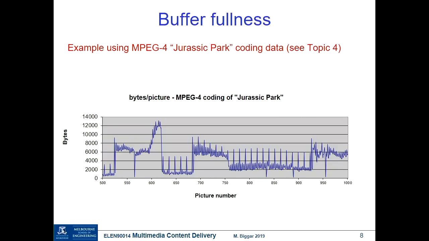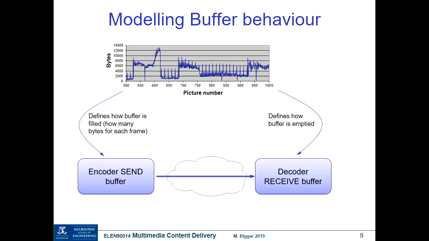Okay. So let's just look at an example of that mirrored operation of the data buffers. This is the example of the coding of Jurassic Park that we looked at for another purpose before. And you'll see that it's got this variable data rate, so this is the number of bytes to describe each frame as we go over these hundreds of frames.